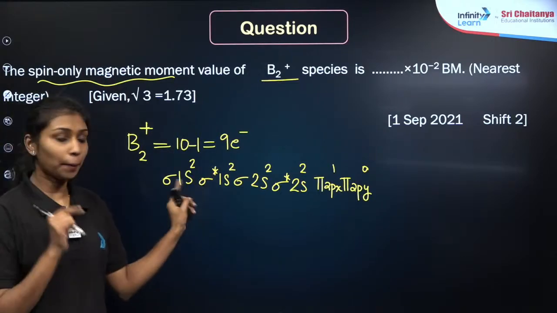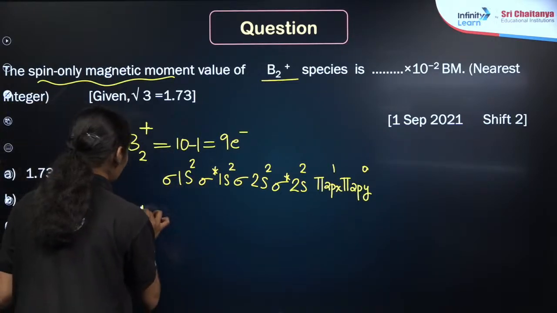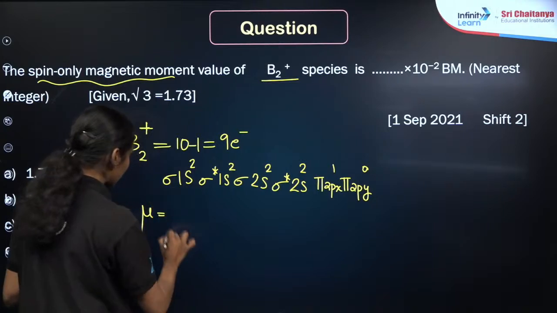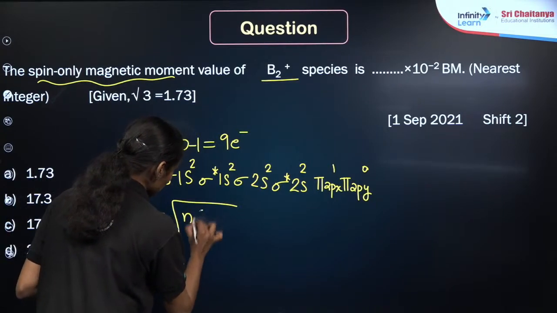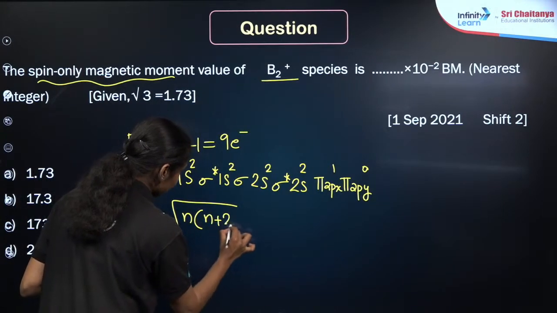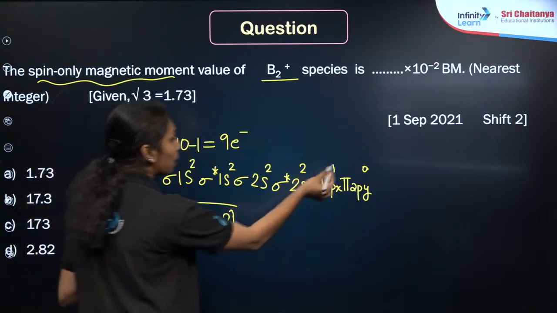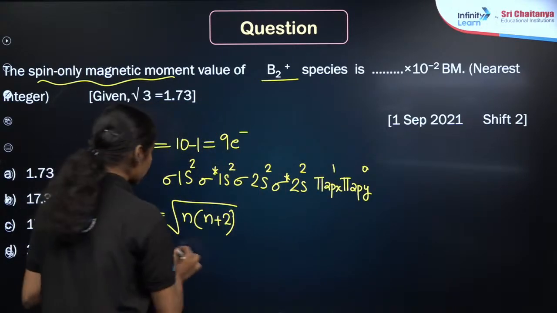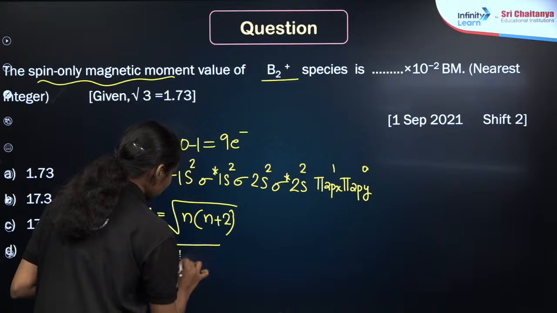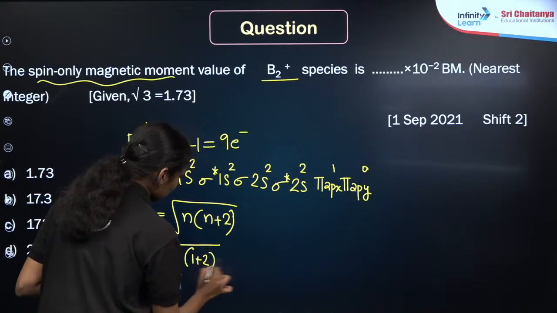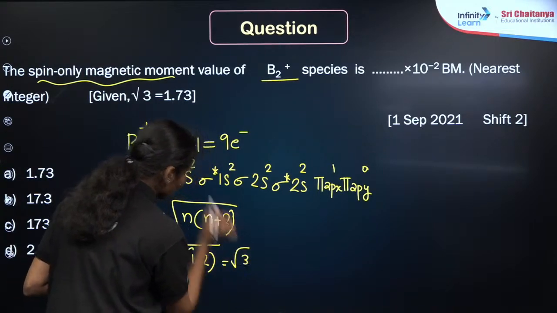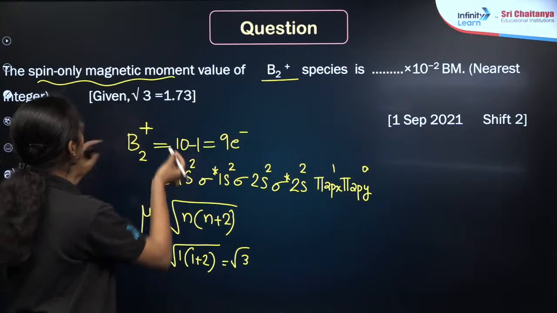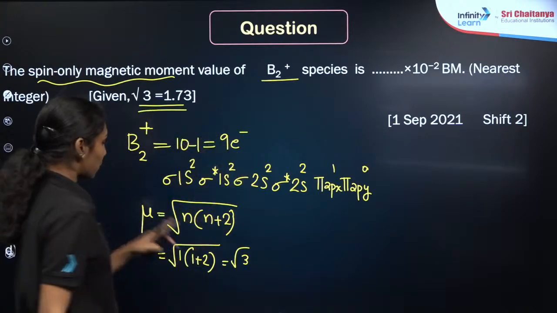It has one unpaired electron, so we can calculate the spin-only magnetic moment. Mu is equal to the square root of n into n plus 2, where n is the number of unpaired electrons, right? Here it has only one unpaired electron, so we take the square root of 1 into 1 plus 2, which is equal to root 3, right? For the easiness of the question, it is given that root 3 is equal to 1.73.